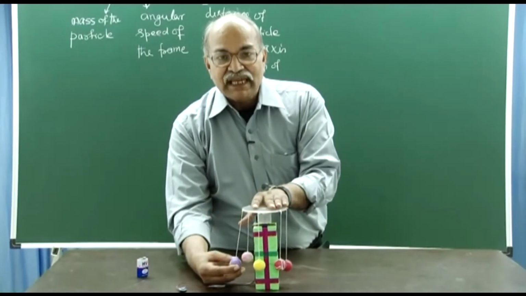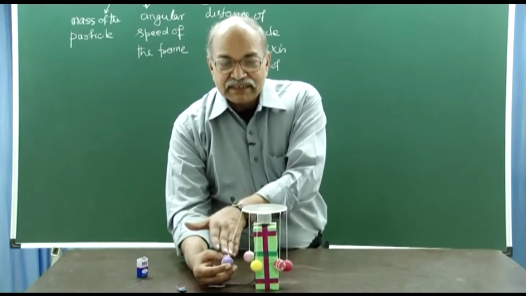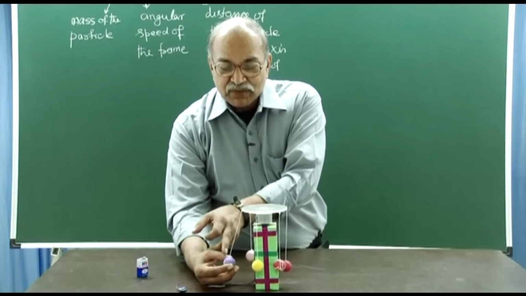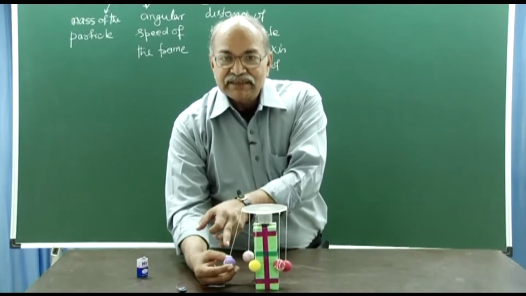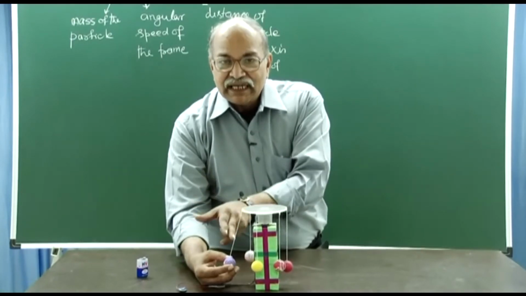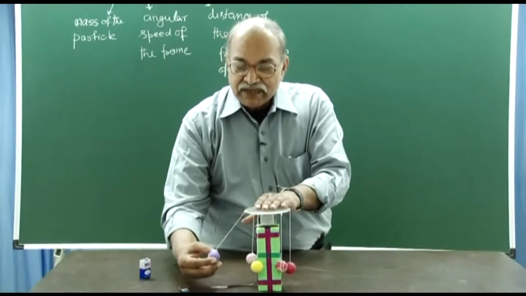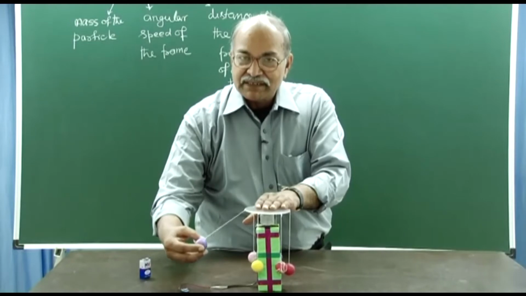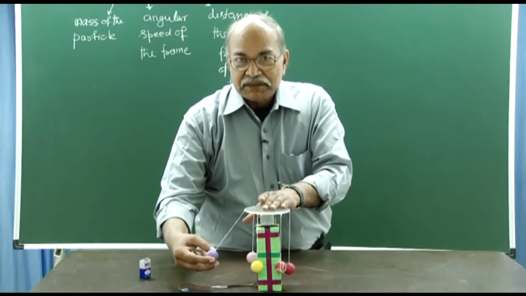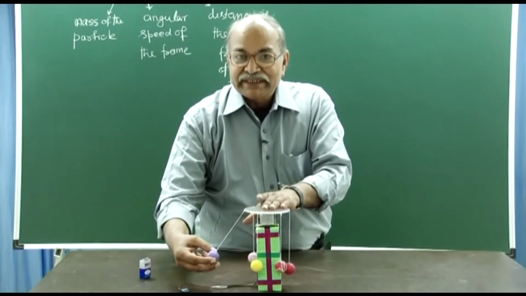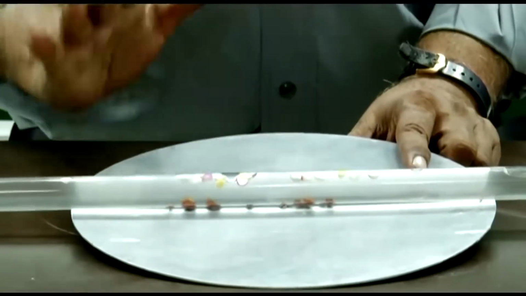Remember, to start with, the angle is small, and therefore, because of that cos theta effect, sin theta effect, this horizontal component of the tension will be small and vertical component will be large, and the magnitude of T can be such that vertical component is more than mg and the horizontal component is less than m omega square r. So, it goes away and also it goes up. So, it makes some angle with the vertical and then keeps that position with respect to the disc as the disc rotates.